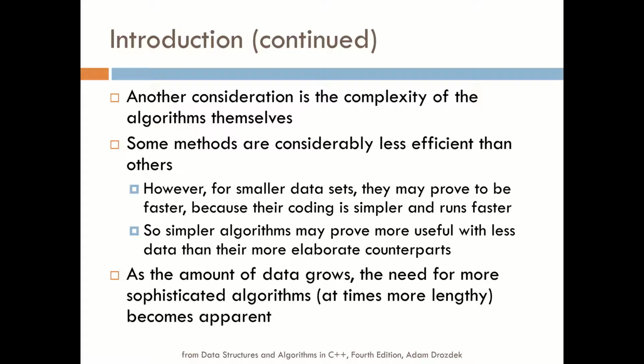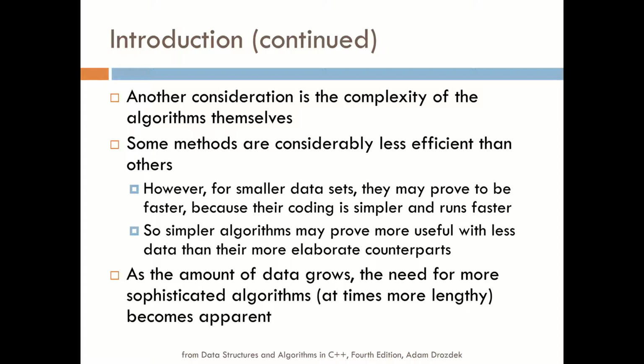And so on small data sets, oftentimes the more efficient algorithms don't do as well. We don't see much value, and that's because the less efficient ones tend to be simpler to code, and as a result there are fewer checks and it runs more quickly.